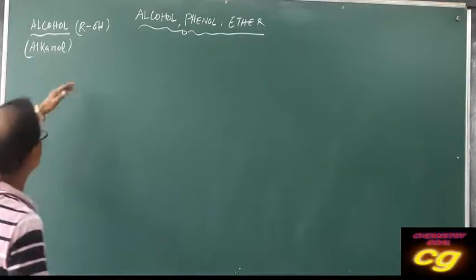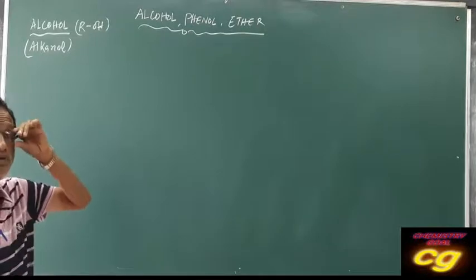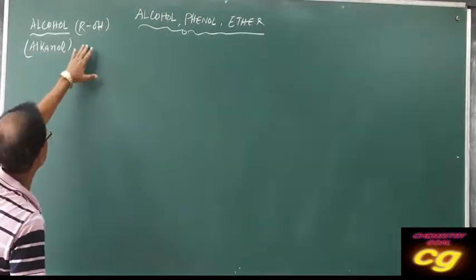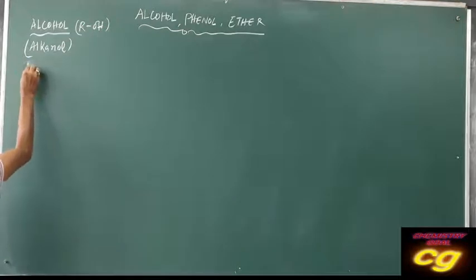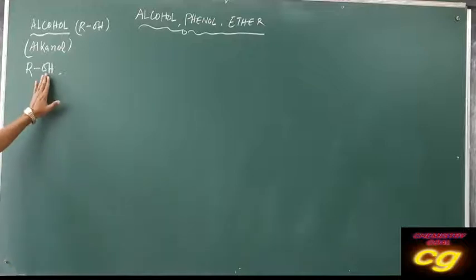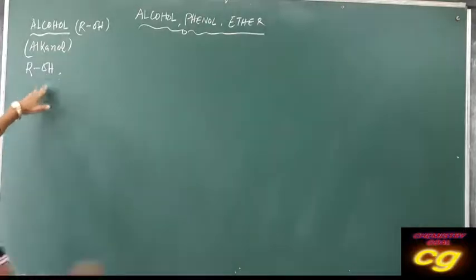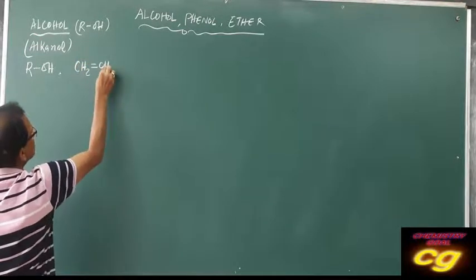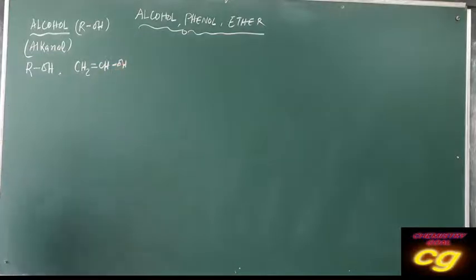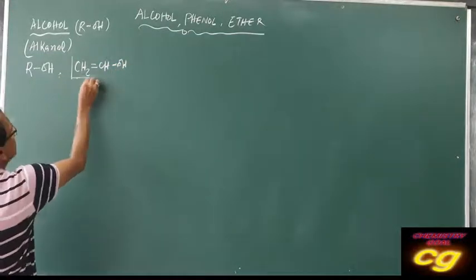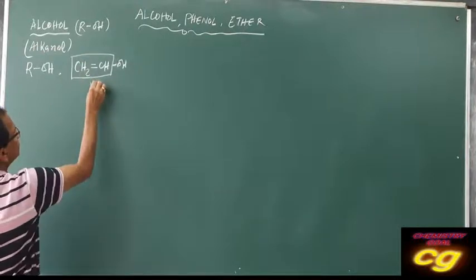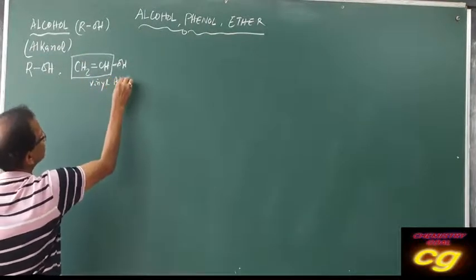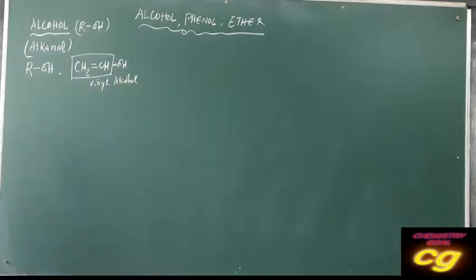But if you see the different types of alcohol, this may be simply an alcohol having an alkyl group, that is alkyl alcohol. Alcohol containing unsaturation is called allyl alcohol. Alcohol having a phenyl group is called phenyl alcohol.